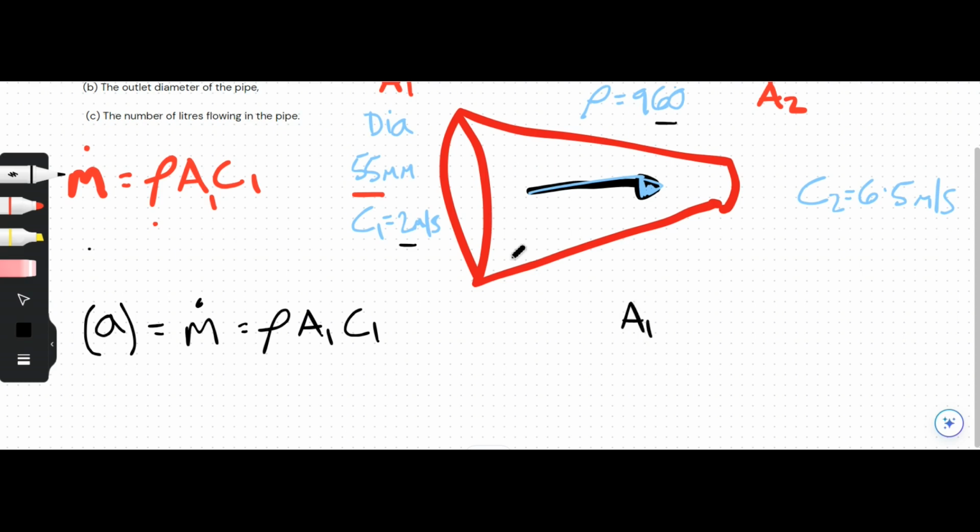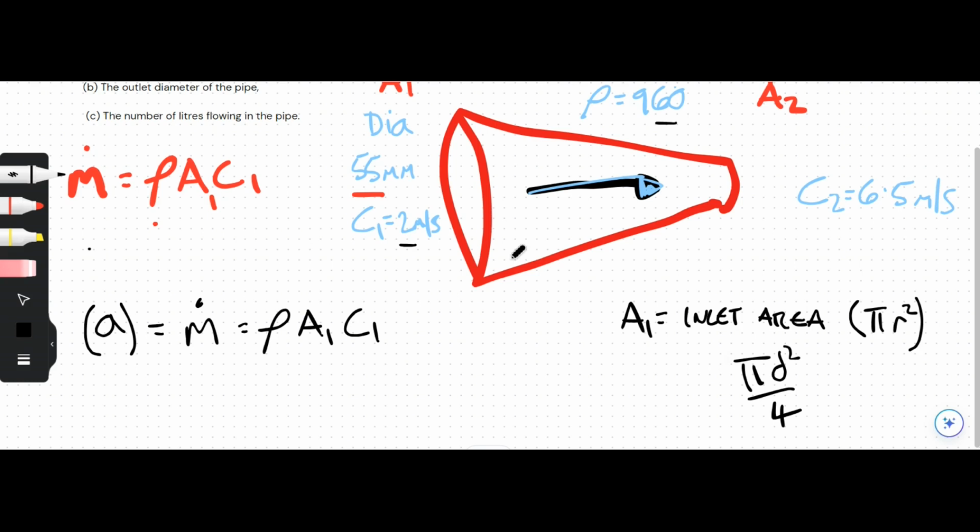A1 is the inlet area, the area of the pipe coming in, pi r squared. Or if you know this one, you could use pi d squared over 4. Both will give you the formula for the area of a circle.